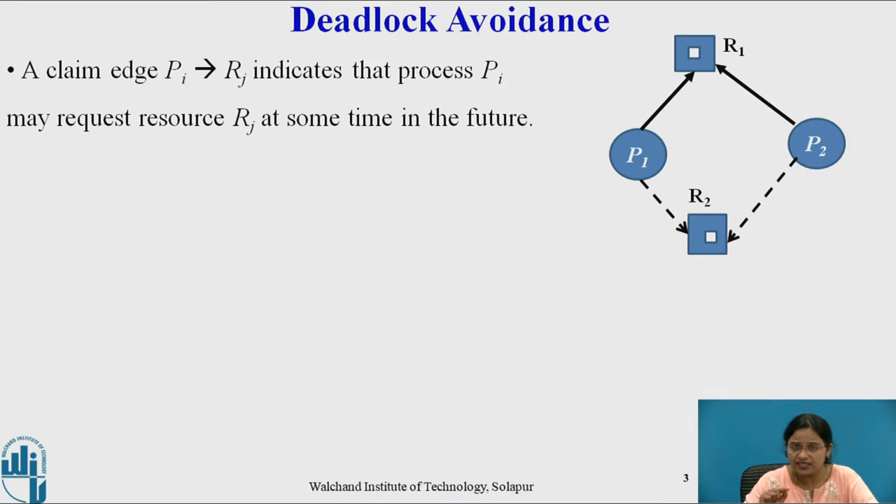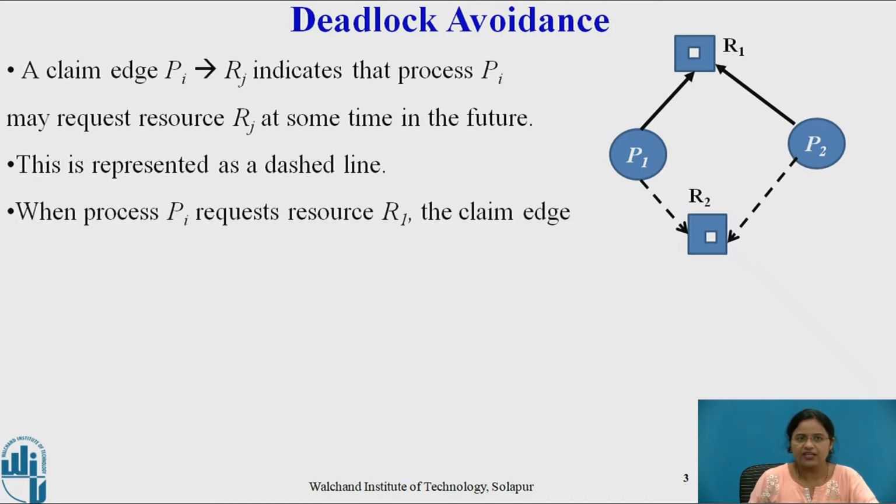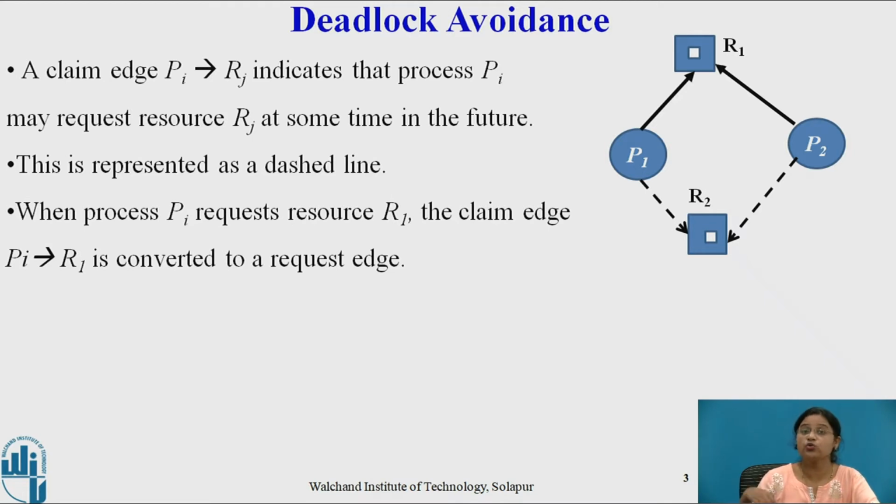And here P1 to R2 means P1 may request resource R2 in the near future. So, this is represented as a dashed line. When process Pi requests a resource Rj, then the claim edge Pi to Rj is converted to a request edge.